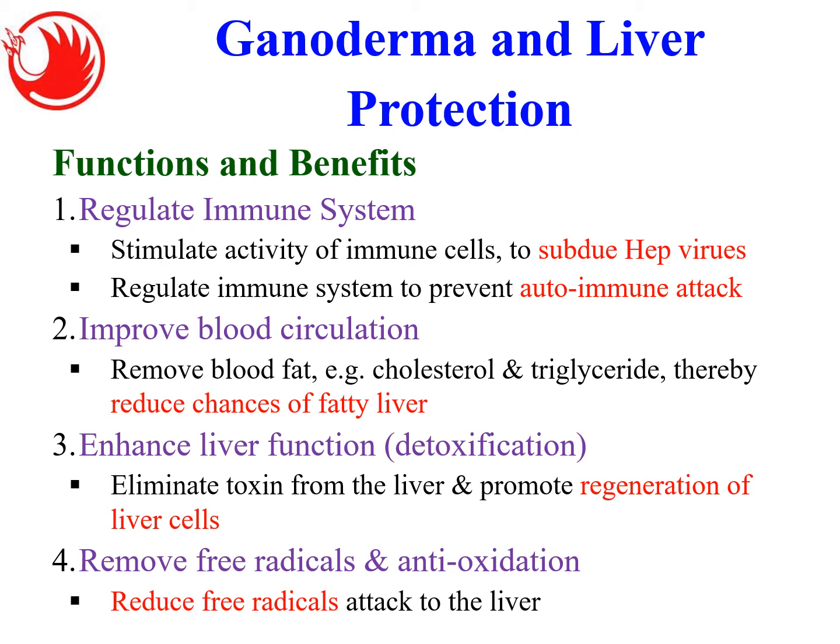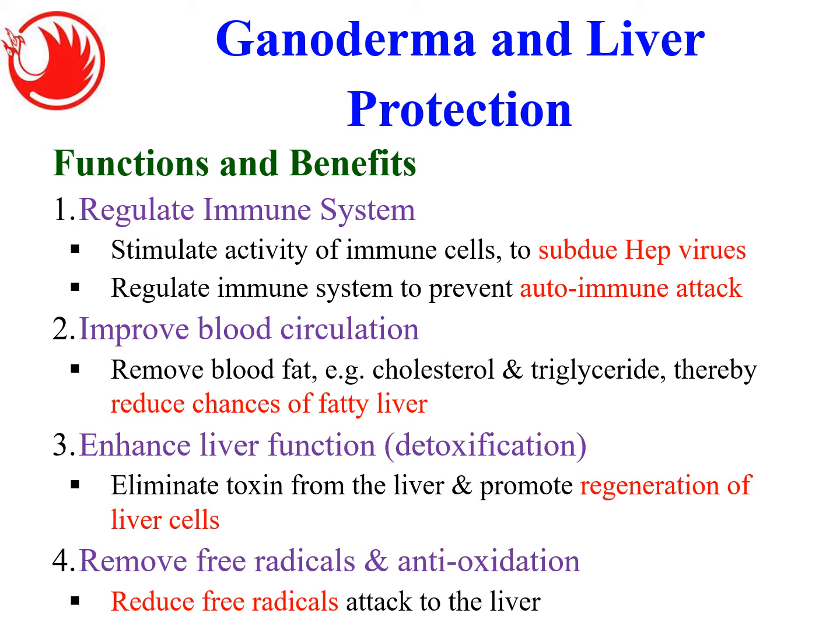The second unique function is to improve blood circulation. 灵芝 is very good at removing blood fat, for example cholesterol and triglyceride. As a result, the chances of you getting fatty liver will be low. Third, enhance liver function, so-called detoxification.